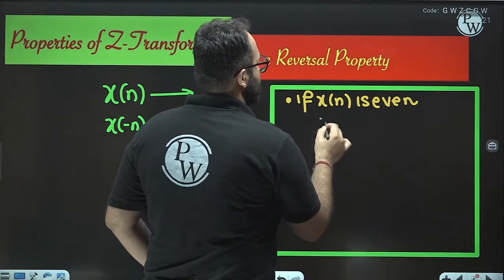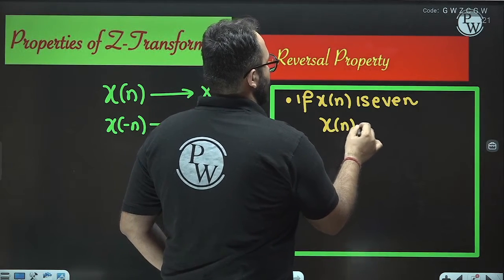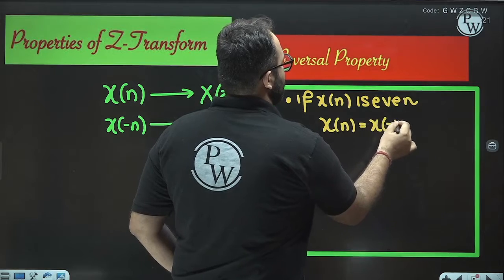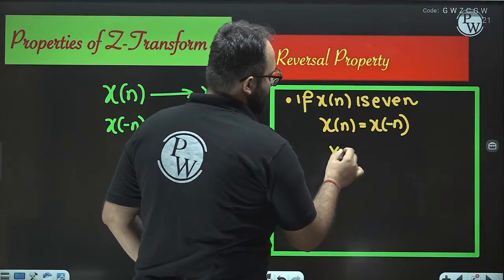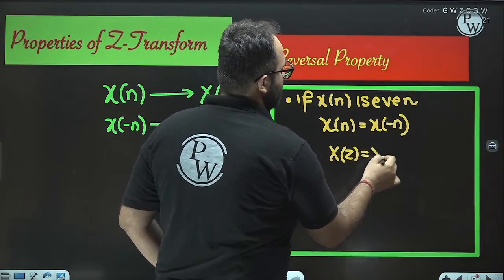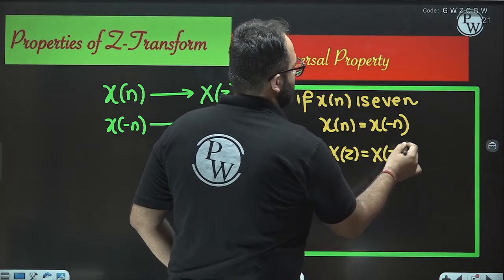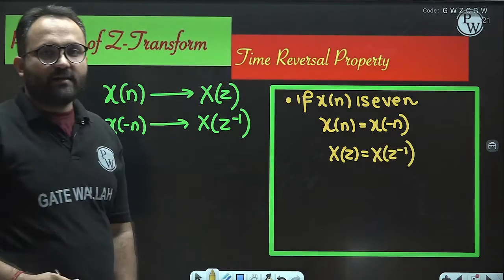This is a very important conclusion. If x[n] is even, then x[n] equals x[minus n], and using this property we can say that X(z) equals X(z inverse).